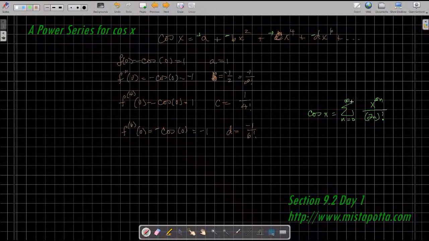So I still have this alternating sign, so I'm still going to have this negative 1 to the n.